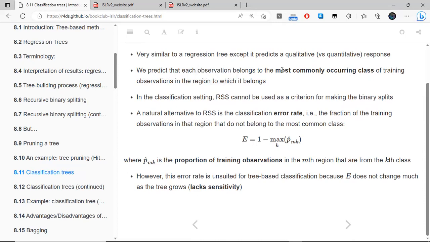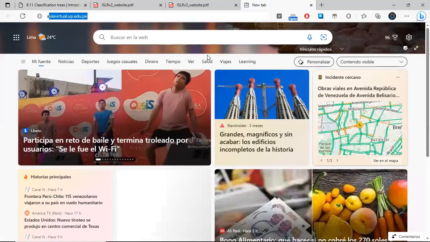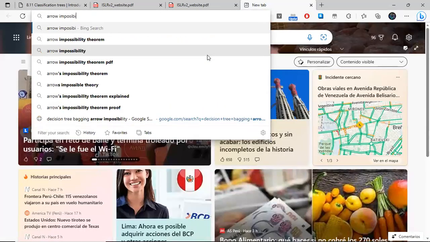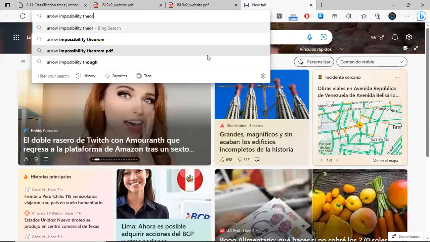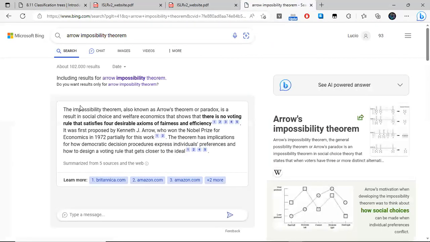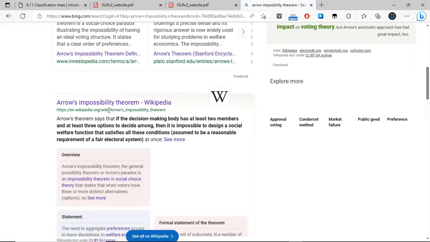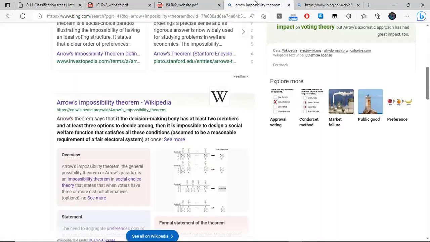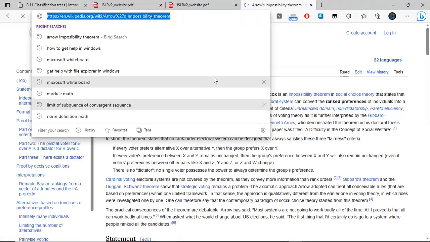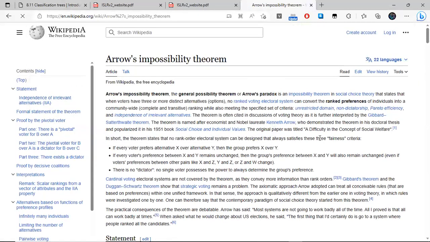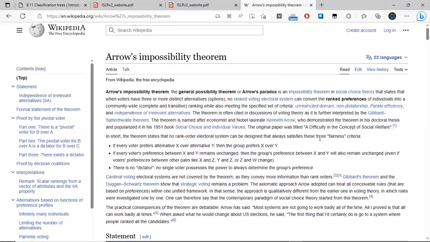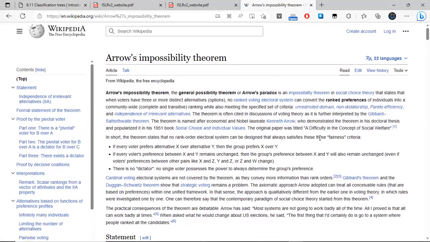And later on, I'm going to mention an interesting consequence: there is something called Arrow's impossibility theorem. It's going to occur here, and it's a disappointing consequence of this theorem.